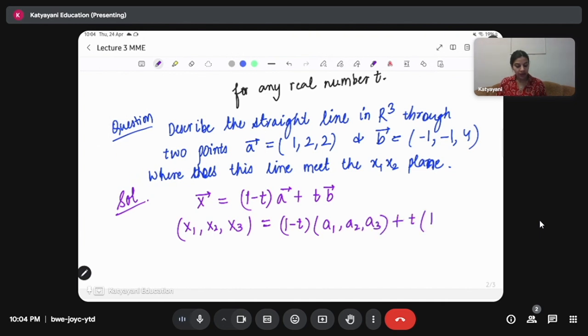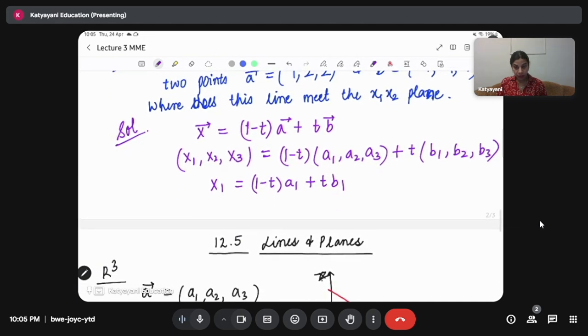And similarly, we can write b as b1, b2 and b3. So from here, you can see that x1 has to be equal to 1 minus t times a1 plus t times b1. Similarly, x2 has to be equal to 1 minus t times a2 plus t times b2, and x3 has to be equal to 1 minus t times a3 plus t times b3.